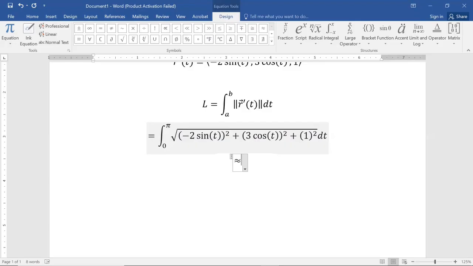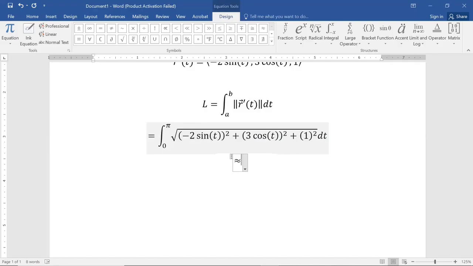Integrating 0 to pi of the square root of -2 times sine of t, quantity squared, plus 3 times cosine of t, quantity squared, plus 1 squared with respect to t.